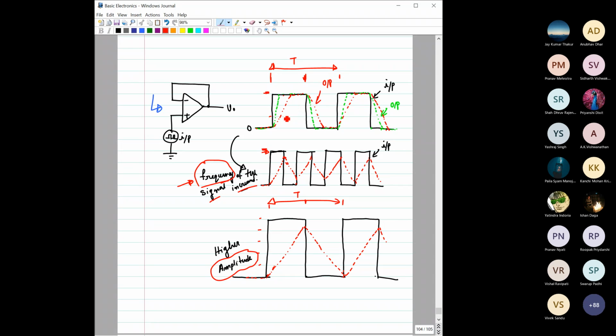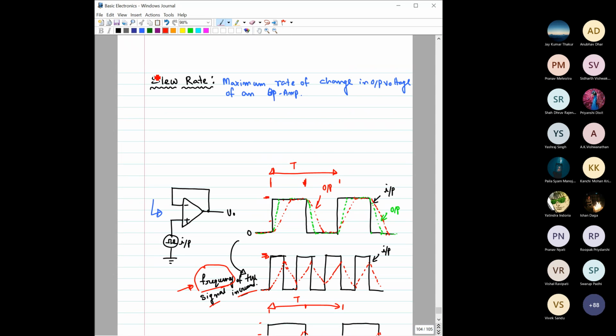For one amplifier, this green one, for a particular op amp, and this red one is for a different type of op amp. So for the red one, that is op amp 2, this is the slew rate. For the green one, that is op amp 1, this is the slew rate, right? Okay. Then what would be the unit of this slew rate?